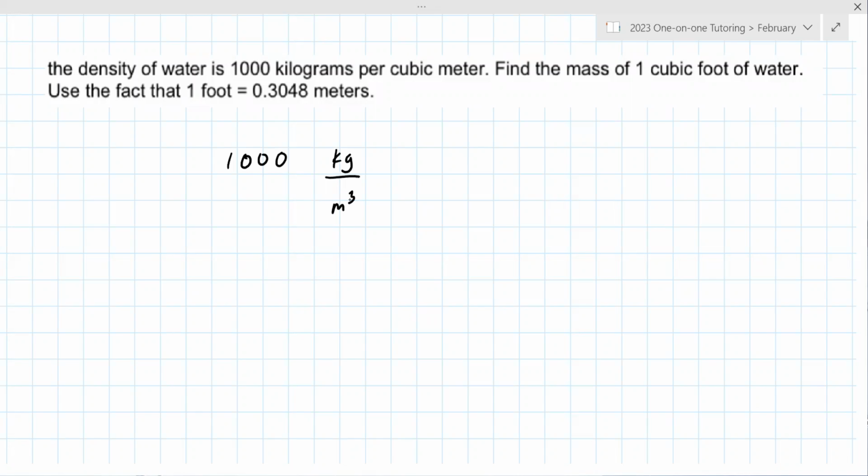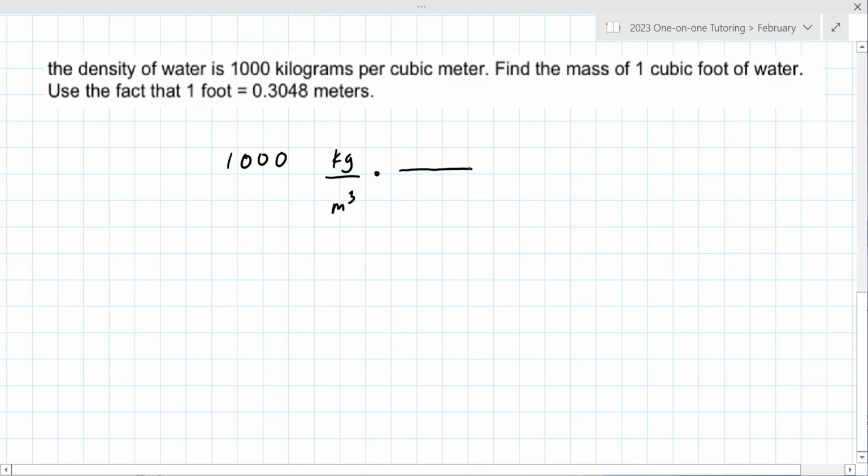Just convert meters into feet. So if you're calling chemistry, when you do a conversion, it depends on what we're trying to convert here. We want to find the kilograms per foot cubed. So this m is going to go up on the top and feet is going to go on the bottom. So it's 1 foot is 0.3048 meters. But to cancel with the meters down here in the bottom, you have to cube the top and the bottom.